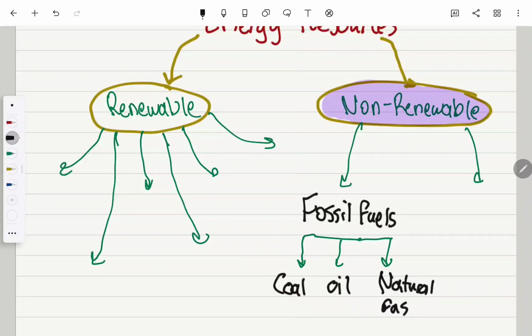All of these are fossil fuels because you burn them, and depending on which one you're using, you create a lot of heat energy, and there is a way for you to use this heat energy to create electricity afterwards.